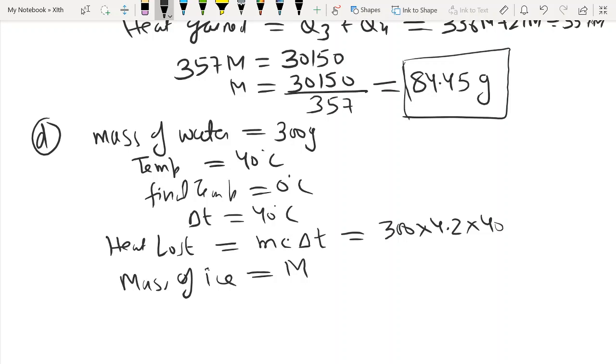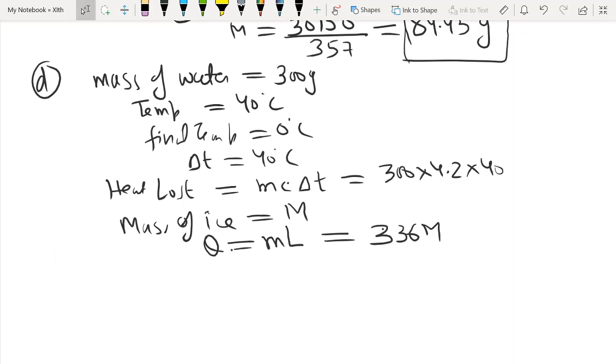So the heat gained by this would be given by ml, which is 336 M. Now understand the final temperature is 0 degrees Celsius only, so we don't have to worry about water at 0 degrees Celsius because the final temperature is 0.